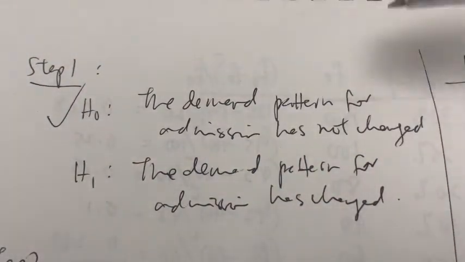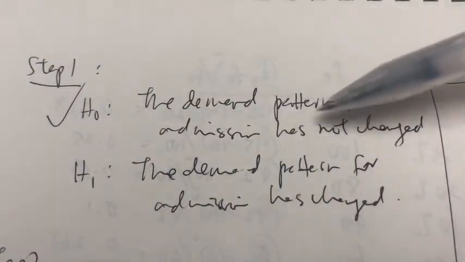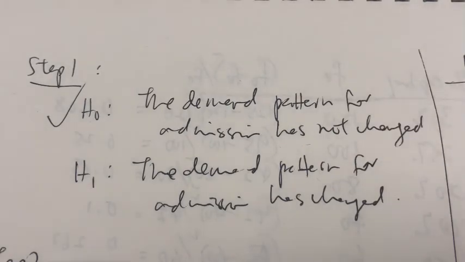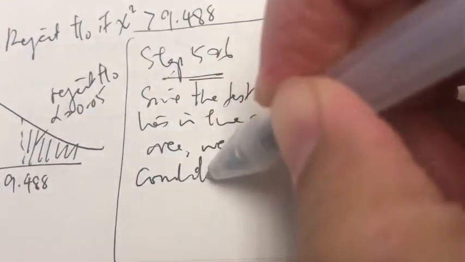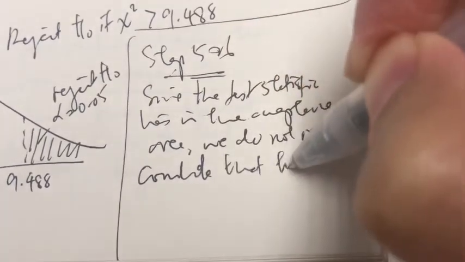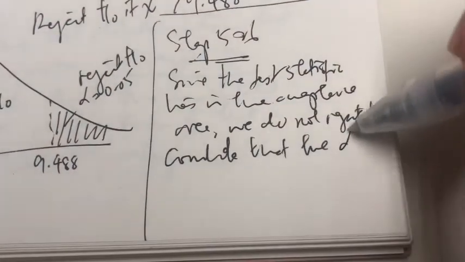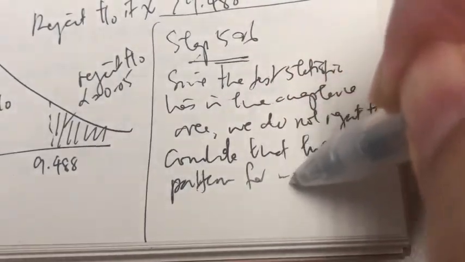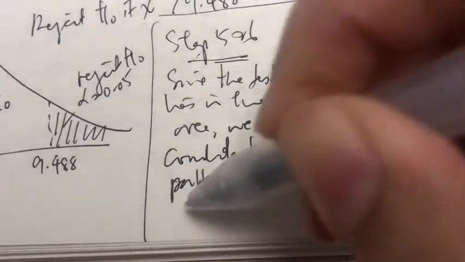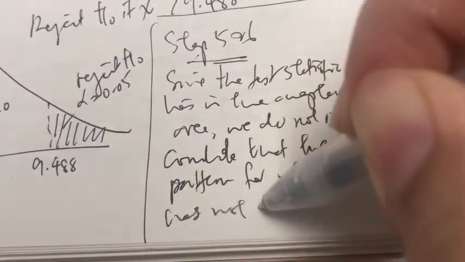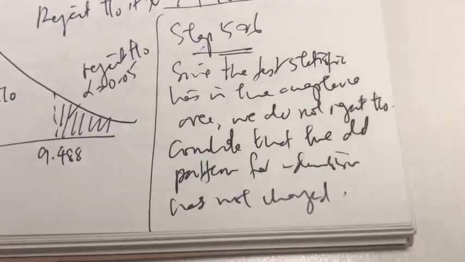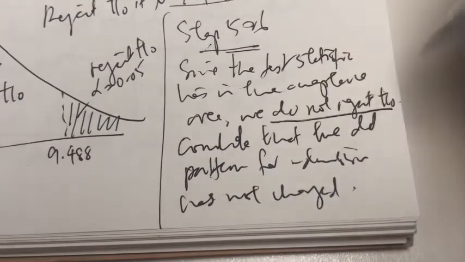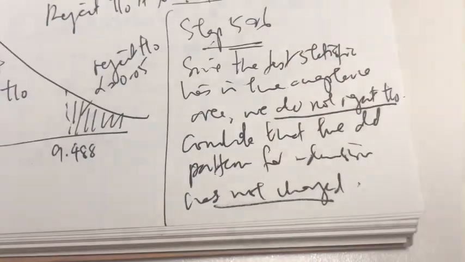So what do we conclude? We conclude that the demand pattern for admissions has not changed. Okay, so we can underline our main points. There you go.